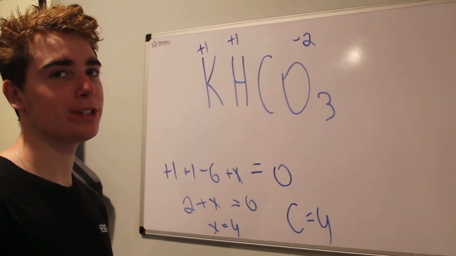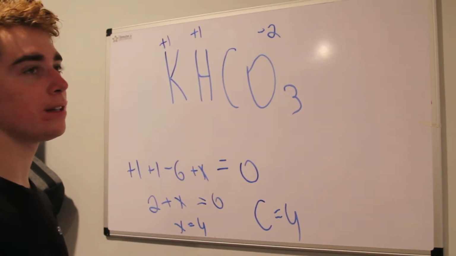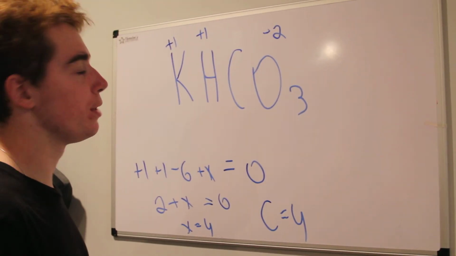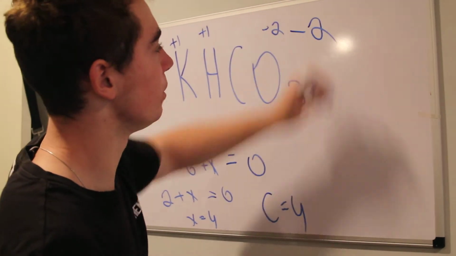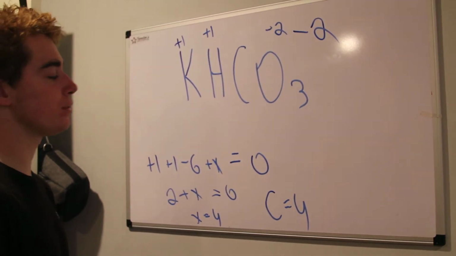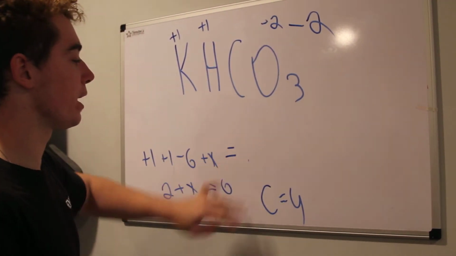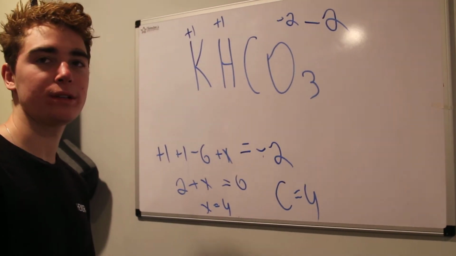Is that a pretty good explanation? It would equal 0 if the whole compound is neutral, but if it had a charge, for example if this was negative 2, we would put negative 2 as our final destination.